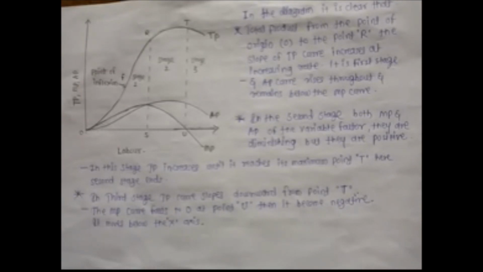The production increases at a rapid rate. Again, when more units of the variable factor are employed, the output increases considerably due to the effective utilization of the variable factor.